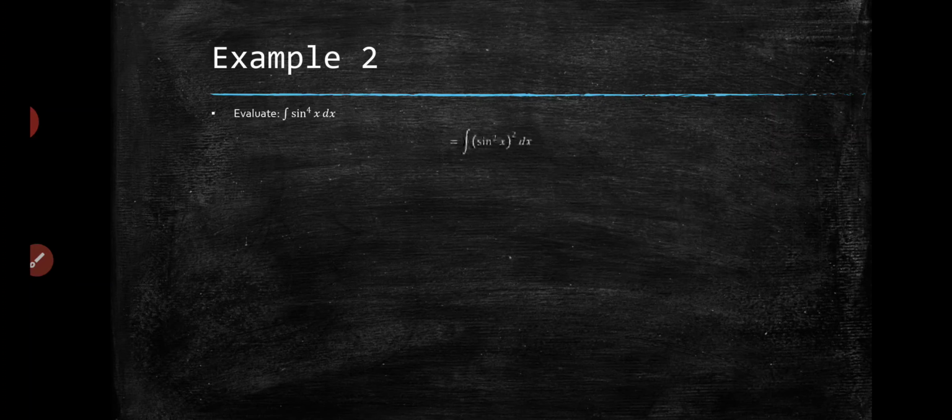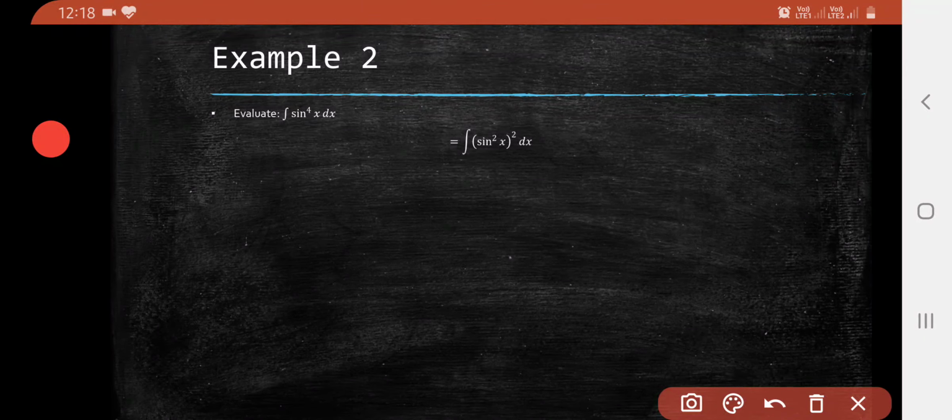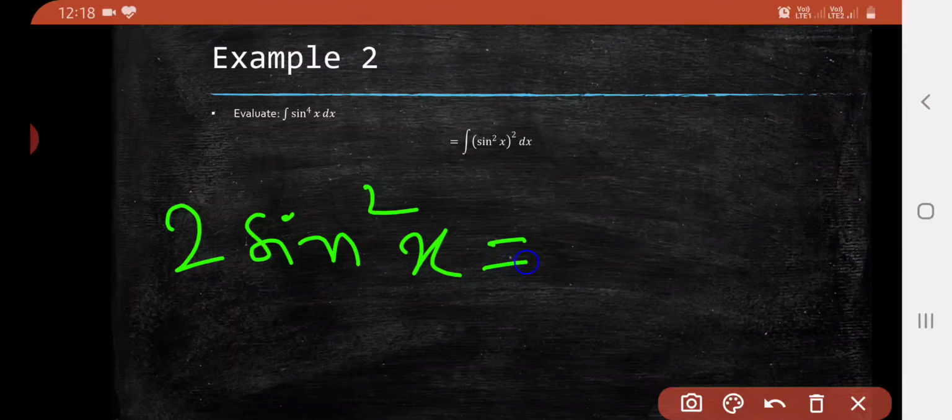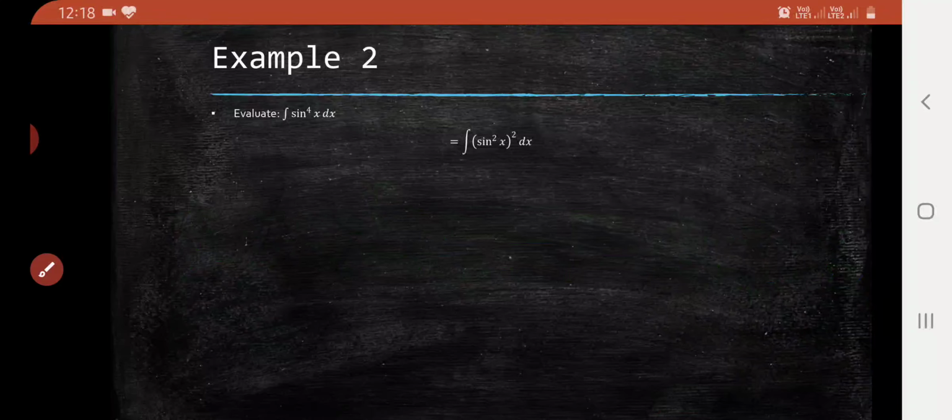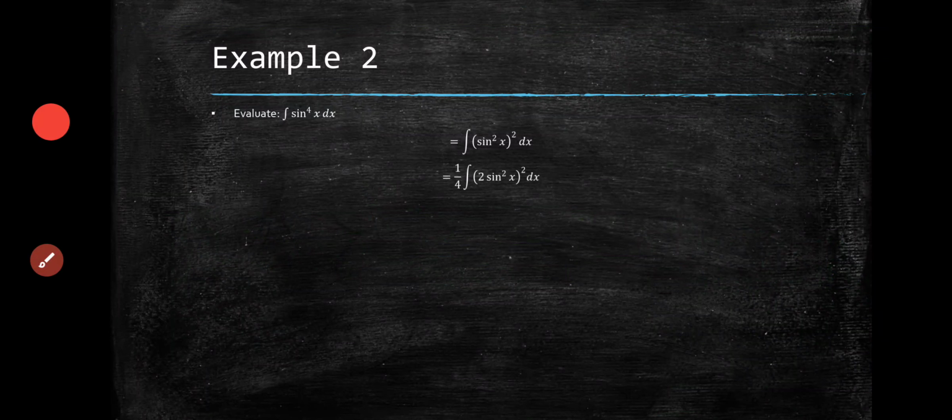Now for sin square x, the nearest formula that we know is 2 sin square x equals 1 minus cos 2x. This is a formula which we already know, so we are going to try applying it here. Let us multiply a 2 inside.